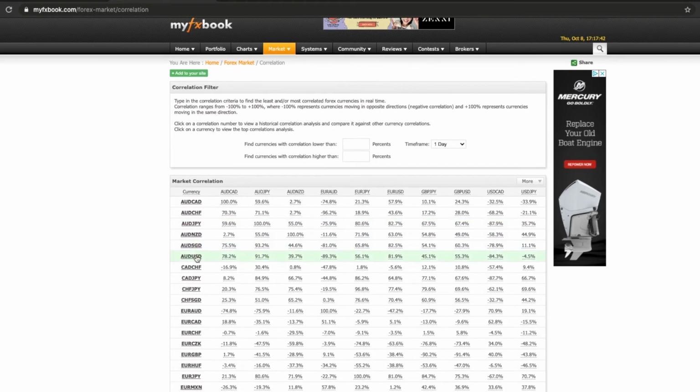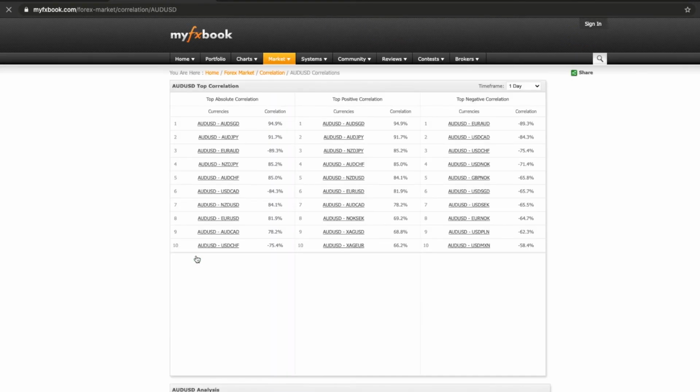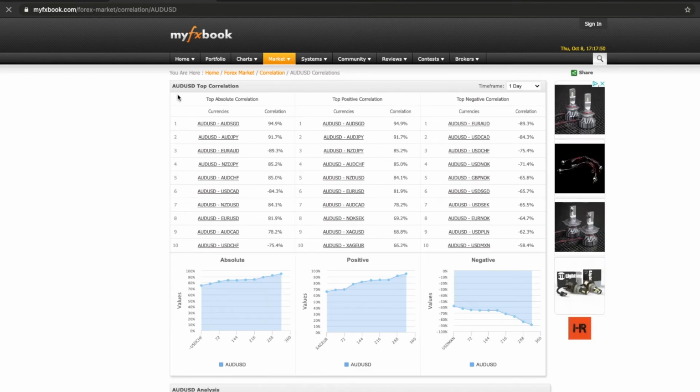So our first example was Australian dollar, US dollar, and Australian dollar, Japanese yen. And right here is going to be the top absolute correlations, and it's going to list also some pairs that you probably don't trade, like the Singapore dollar.